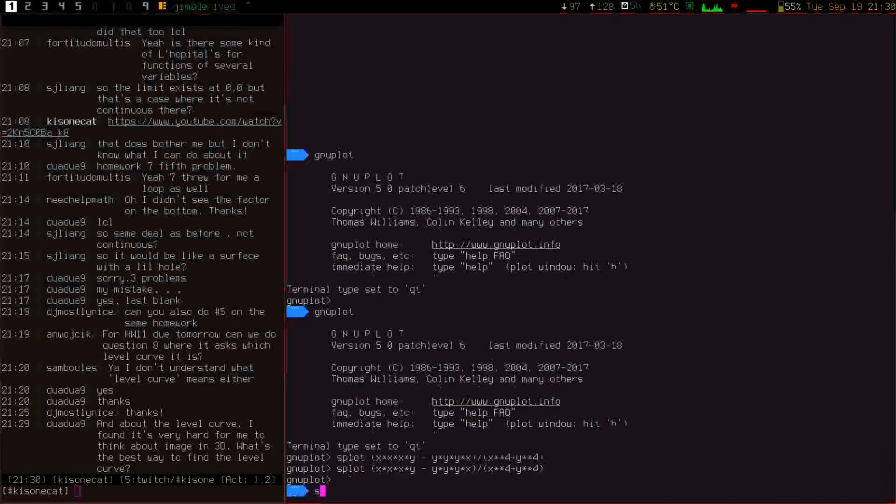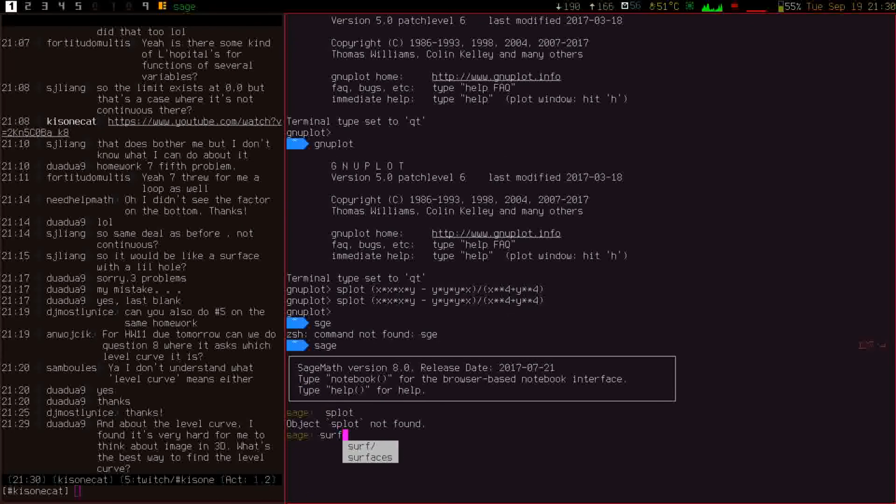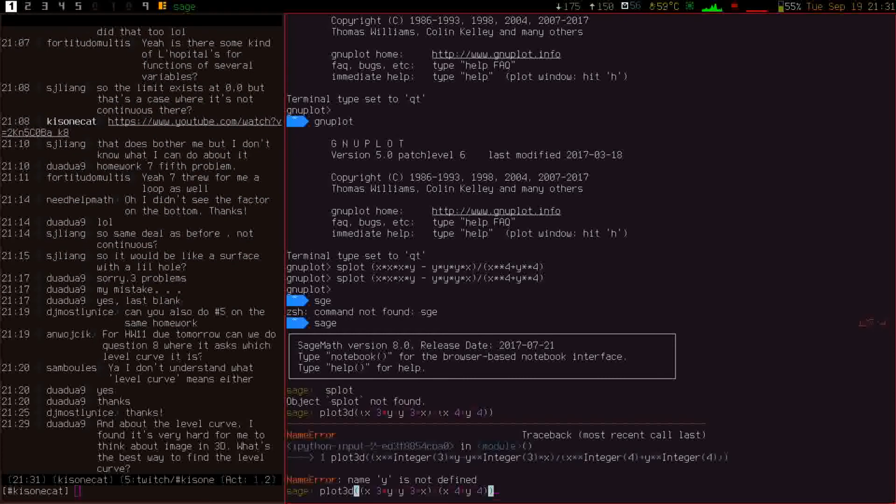Let's try Sage. Maybe Sage will do a better job of plotting this thing, so you can get a picture of what it looks like. Let's see. Plot 3D, I guess. Let's see.